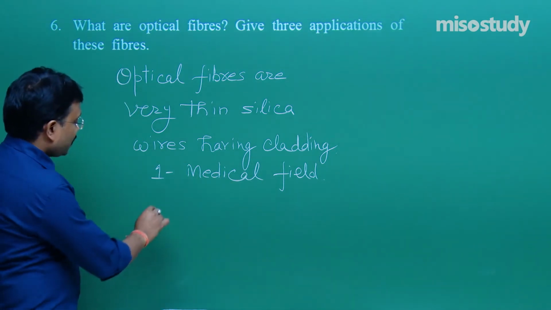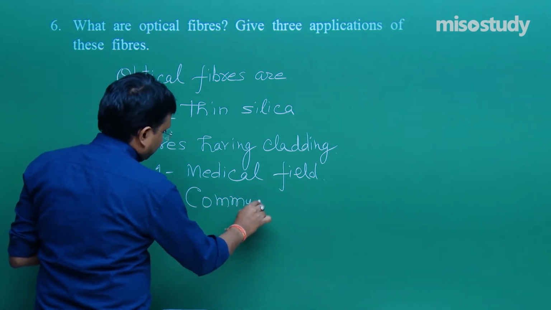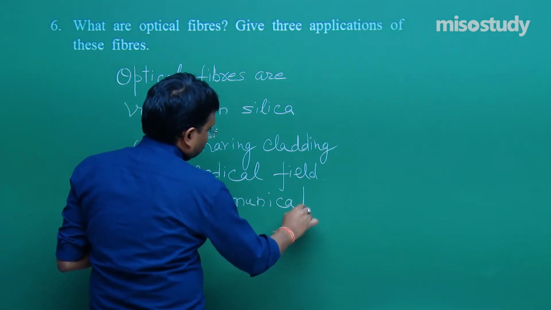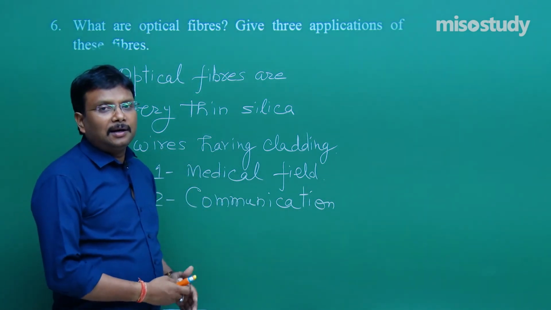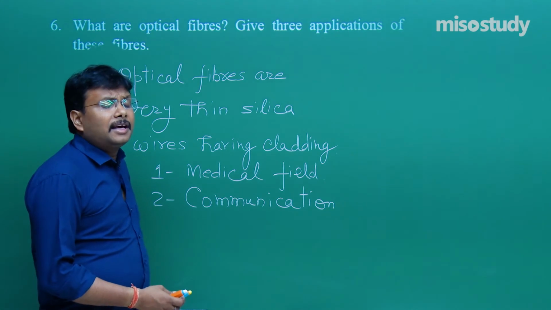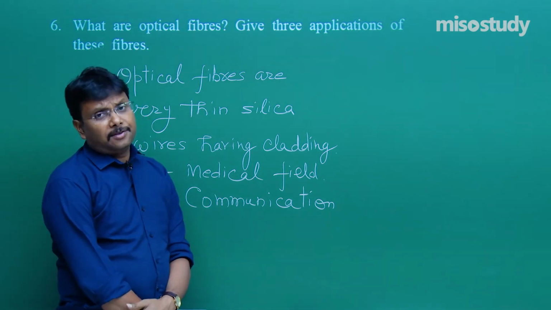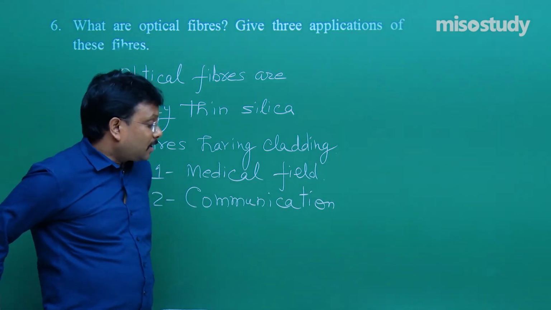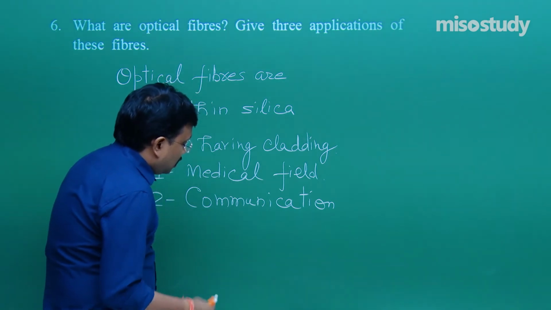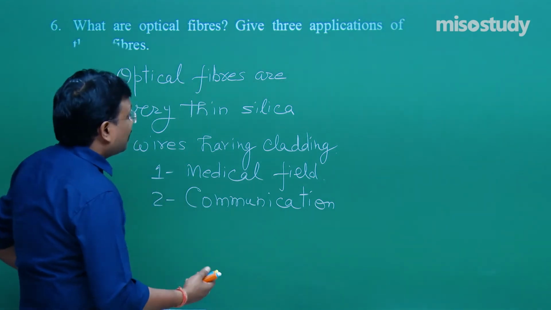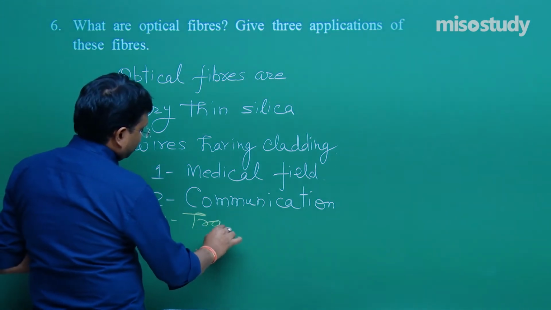So medical field. Number 2 is communication. Nowadays internet, mobile telephone, data transfer, it is all taking place because of optical fiber cable using laser light, fine. So that is one aspect. And then you can mention transmission of electrical signals, fine.